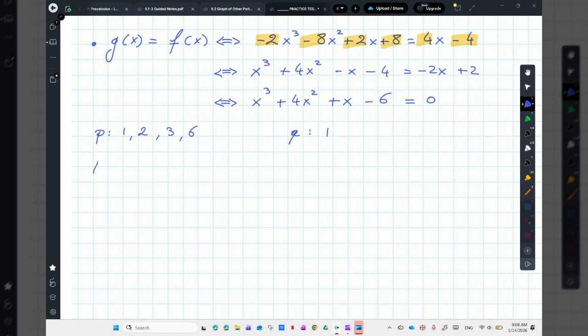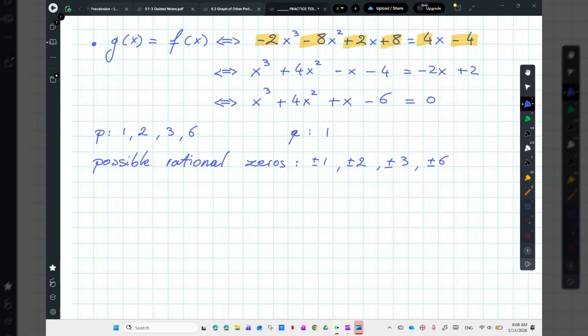And therefore, the possible rational zeros would be as follows: plus or minus 1 over 1, plus or minus 2 over 1, which is 2, and so on, plus or minus 3, plus or minus 6.